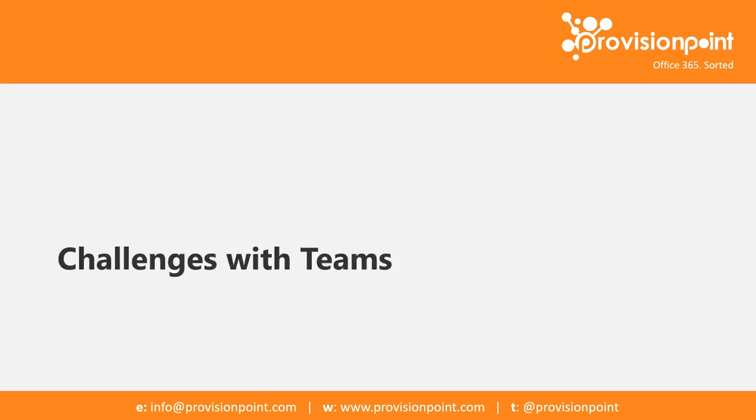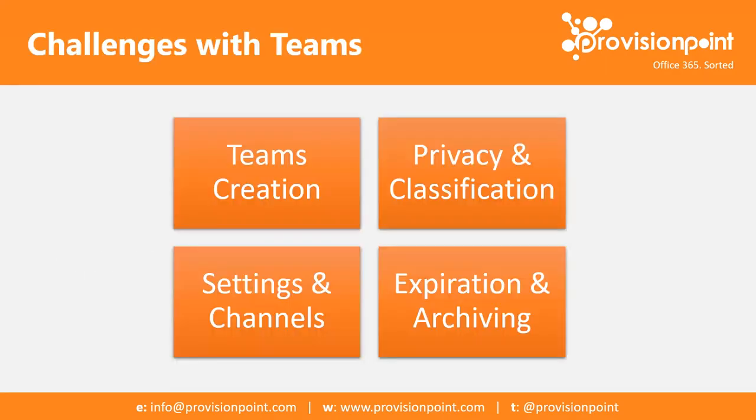Okay, so I'm sure everyone's relatively familiar with Teams, so I'm not going to talk a lot about the features of Teams today or do a demo of Teams today. What I want to talk about is some of the challenges or problems which organizations have using Teams. I've identified 4 key ones, based on the organizations which we're talking with and working with and thinking about how they're using Teams actively or how they're planning for Teams.